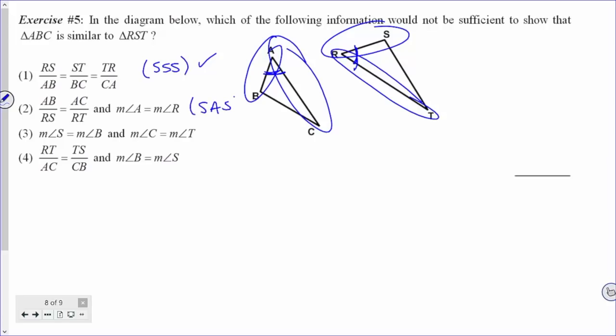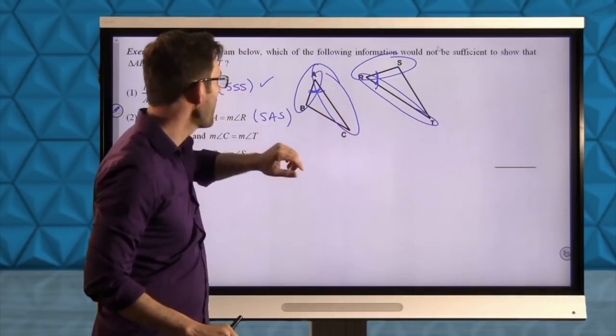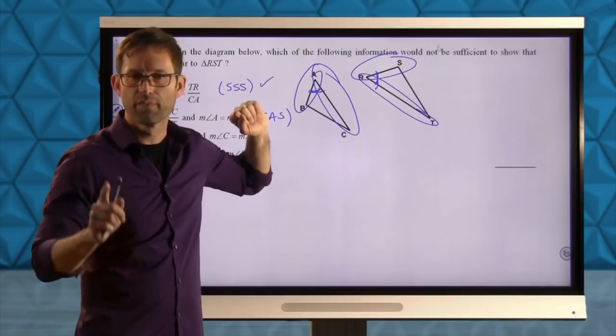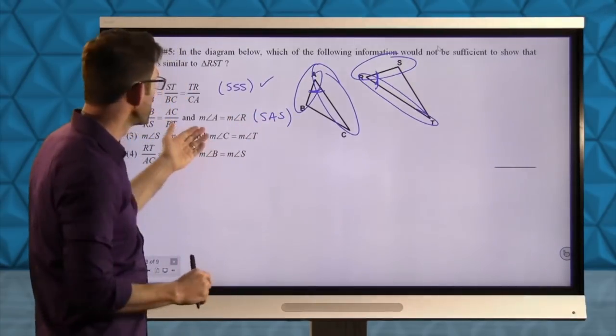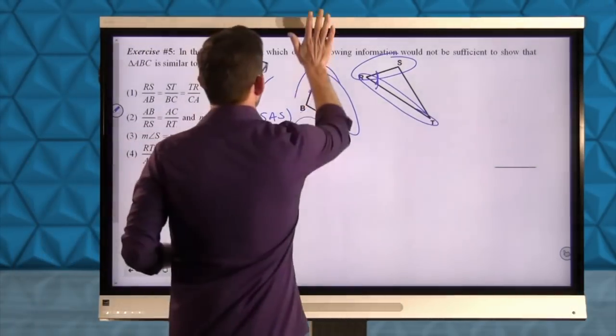In other words, I take this side and divide it by that one, I take this side and divide it by that one, and then the angle between the two corresponding sides is equal, and therefore it's the side-angle-side similarity theorem.